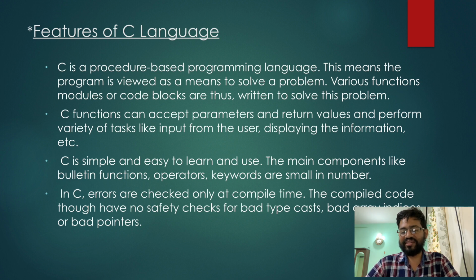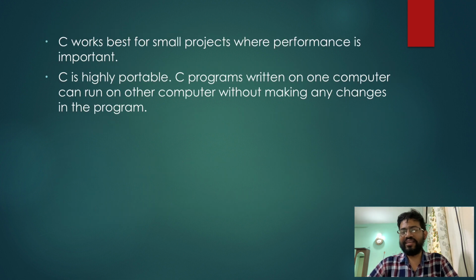In C, errors are checked only at compile time. The compiled code has no safety check for bad typecasts, bad array indices, or bad pointers. So in C, when you are writing the code, you can check the errors only at the time of compilation.